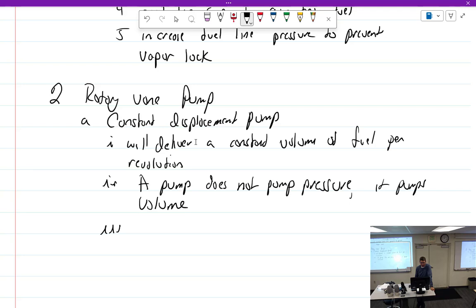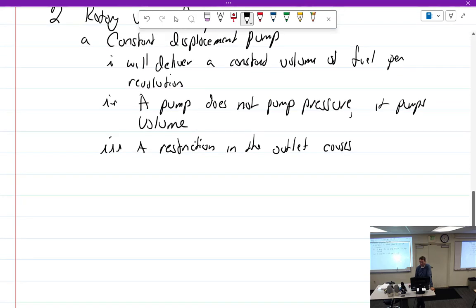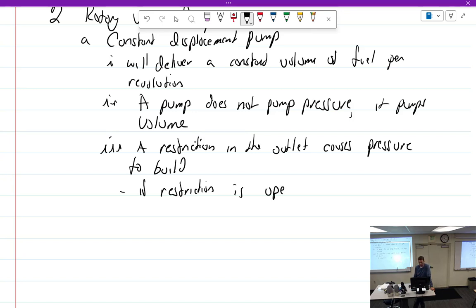What do we need to get pressure? Restriction. A restriction in the outlet causes pressure to build. If restriction is opened, pressure goes down.